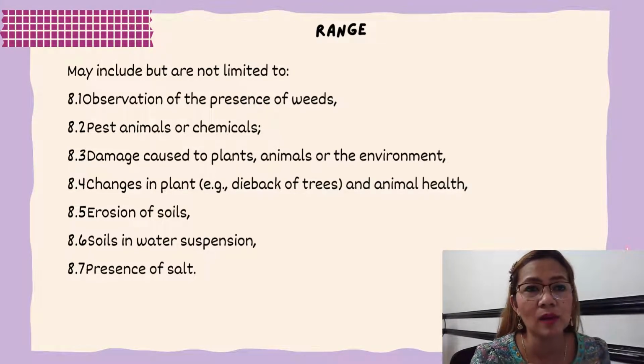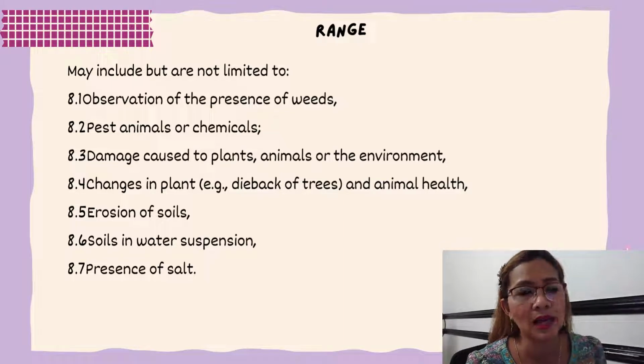These weeds will just get nutrients from the other useful plants. So if the weeds are sprouting, you have to uproot them. The weeds may just take nutrients which are intended for our plants. So what you are going to do is remove these weeds.